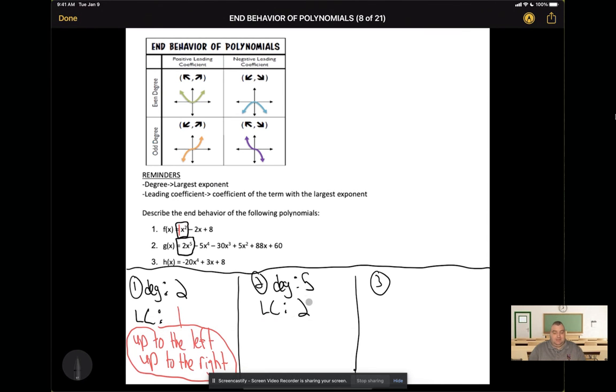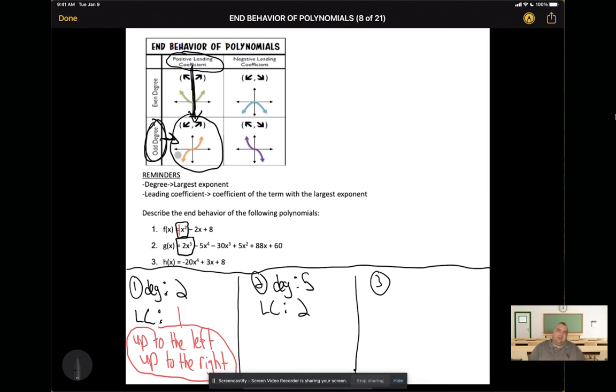So on the table, a degree of 5 is an odd degree. A leading coefficient of 2 is a positive leading coefficient. So I have an odd degree and a positive leading coefficient. This right here describes my end behavior.